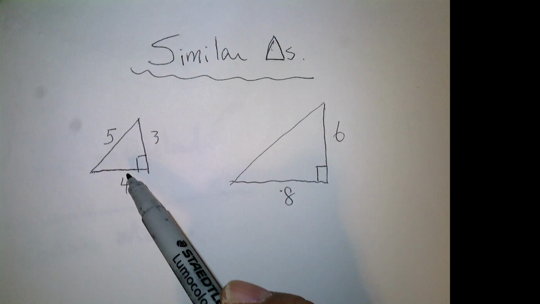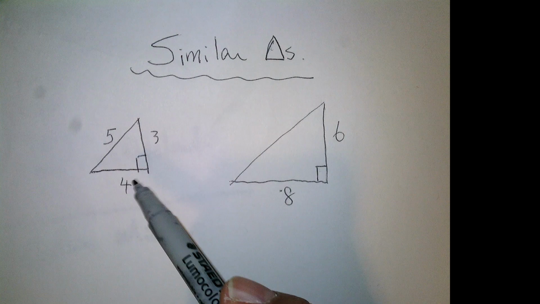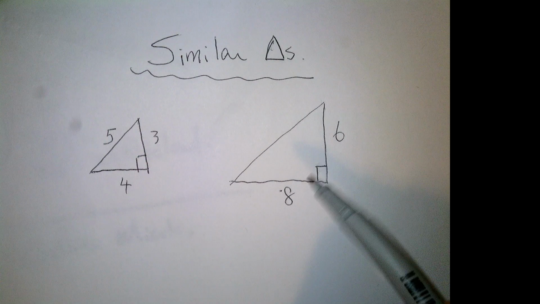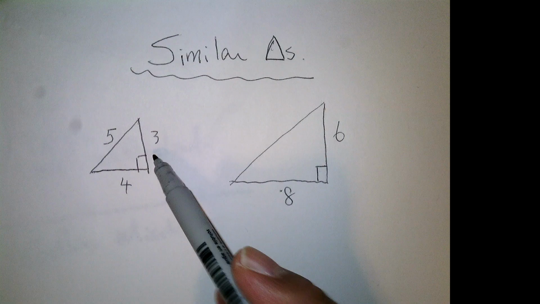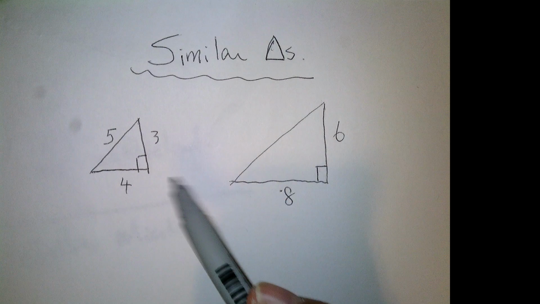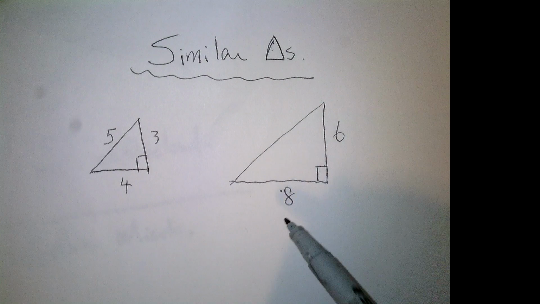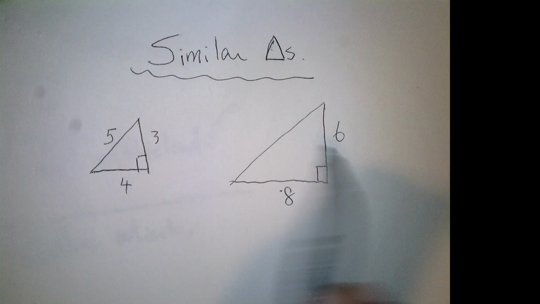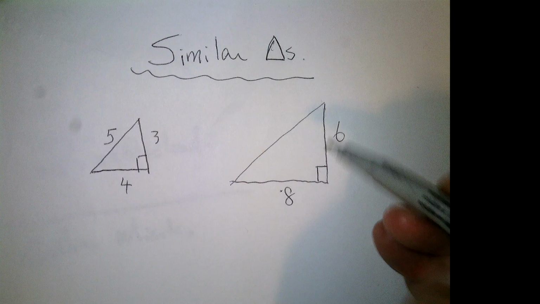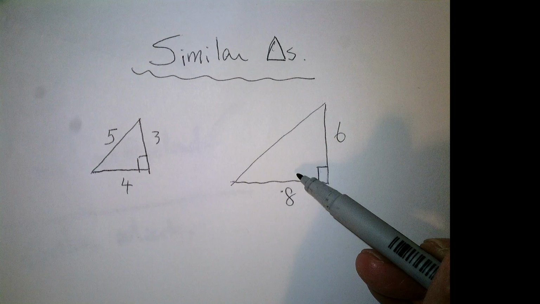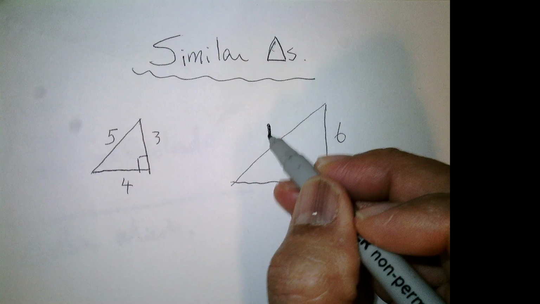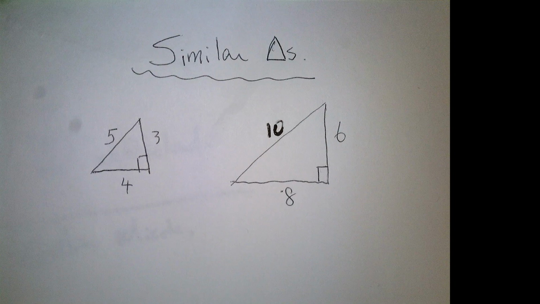Remember, on your package, all the triangles are given to be similar, so their corresponding sides are equal in ratio. 8 divided by 4 is 2, 6 divided by 3 is 2. To find the third side, we take advantage of the similar concept and multiply by 2, which is 10. That's what this package is all about: Pythagoras and similar triangles.